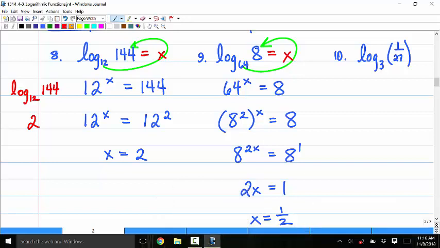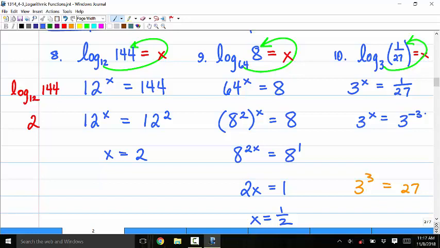Okay, here we go. Log base 3 of 1 over 27 is equal to x. When I convert that to exponential form, I get 3 to the x equals 1 over 27. 1 over 27 is a power of 3. 3 cubed is 27, right? So over here to the side, 3 cubed is 27. I want 1 over 27, so I'm going to say 3 to the negative 3.